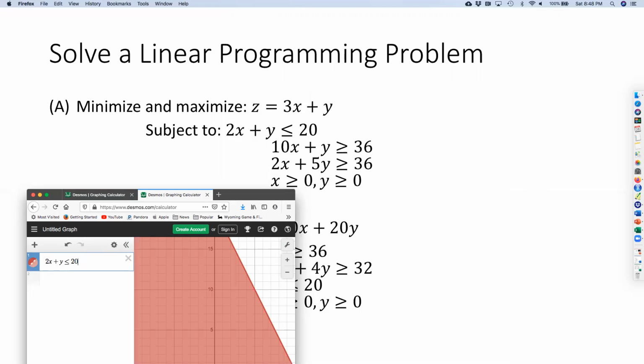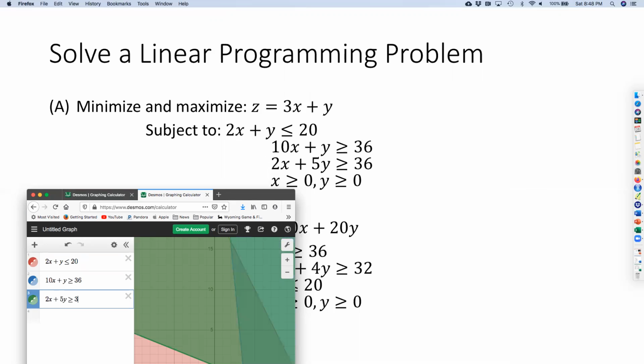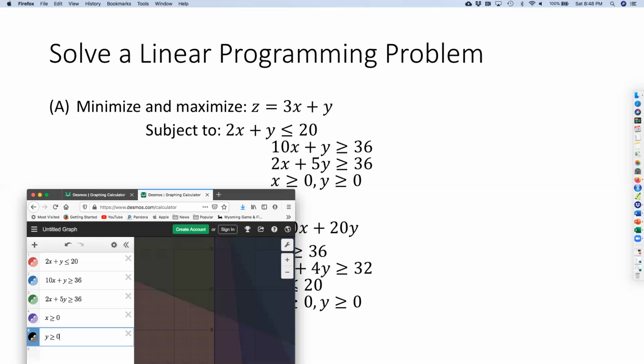That's one of our curves. Then we have 10x plus y is greater than or equal to 36. And then we have 2x plus 5y is greater than or equal to 36. And again, we have x greater than or equal to 0 and y greater than or equal to 0 as well.